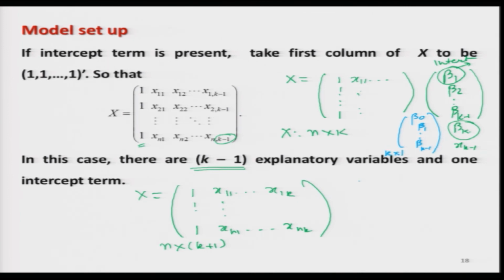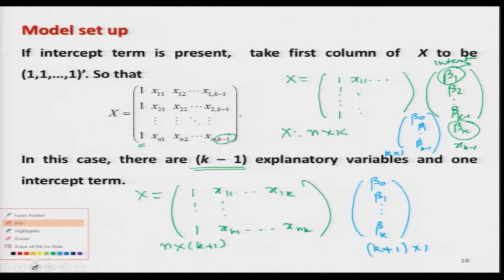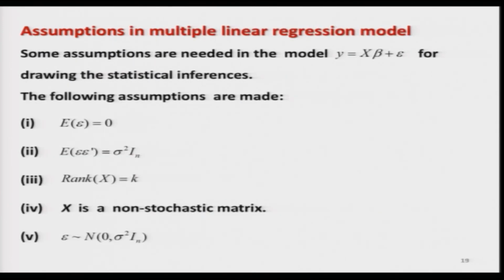In the second option, your regression coefficient vector will be beta 0, beta 1, up to beta k, which becomes a k plus 1 cross 1 vector. This is the point where you have to be extremely cautious, because it helps in finding the degrees of freedom. So, just be careful.